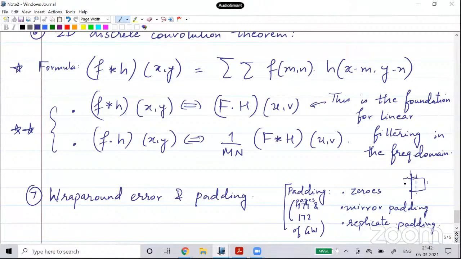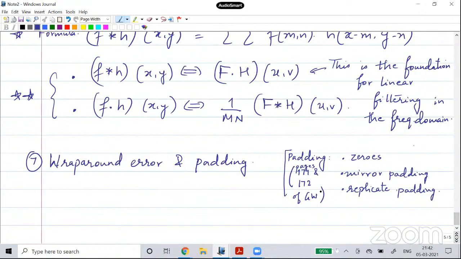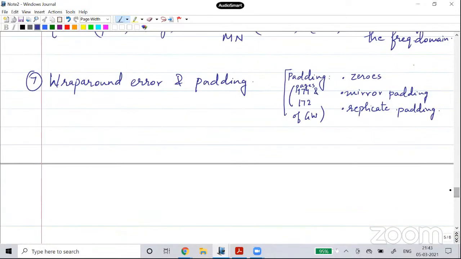Similarly for all four sides, that's mirror padding. And replicate padding means these same pixels are just replicated in that same order here. So these are, at least so far, the three kinds of padding, and they have their own advantages and disadvantages. I won't go deeper into that. You can look at the reference.